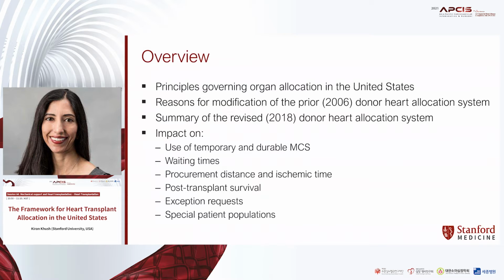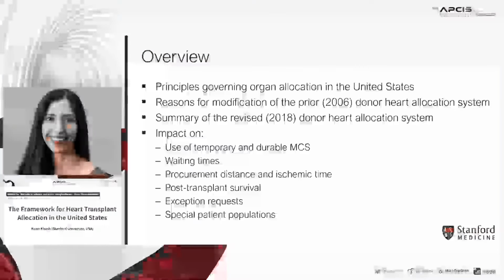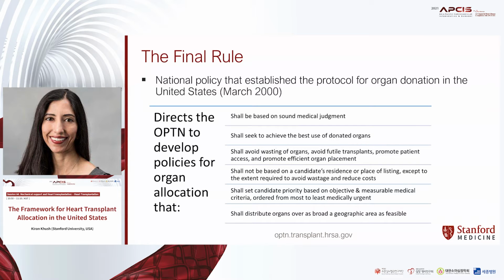I'll give you a summary of the revised donor heart allocation system, which was rolled out in October 2018, and will then spend the majority of my time discussing the impact on the use of temporary and durable mechanical circulatory support, waiting times for transplant, procurement distance and ischemic time, post-transplant survival, the number of exception requests, and special patient populations.